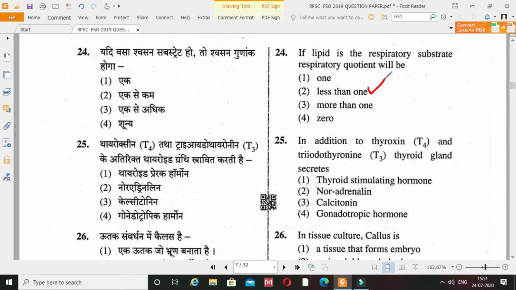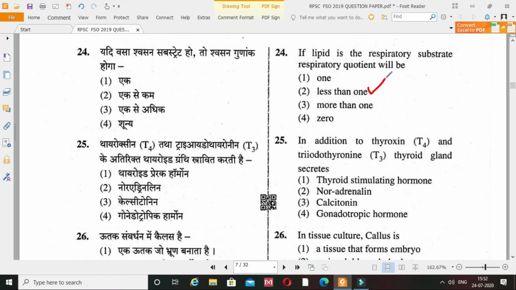Usually in the options we can see it as 0.7, proteins 0.8. It is very important.